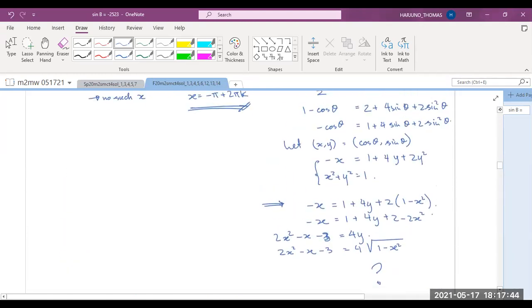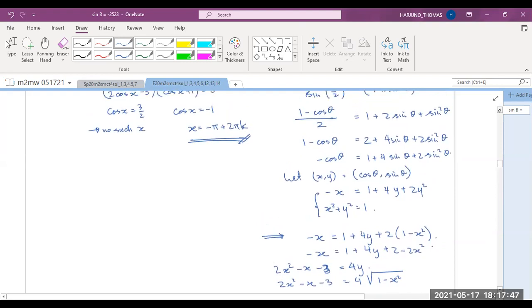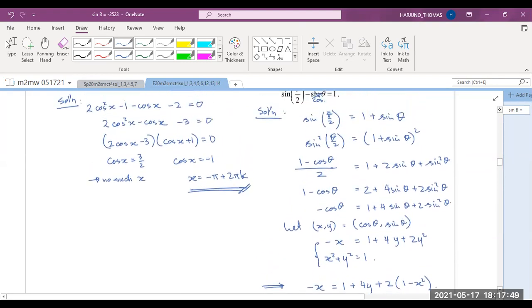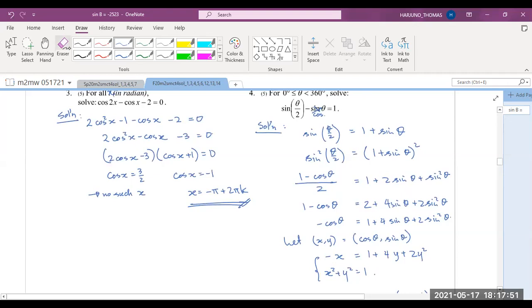Now, let's come back to number 4, the question that I modified already. Let me say that's a typo here. It's supposed to be cosine.